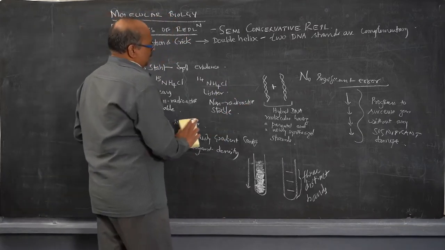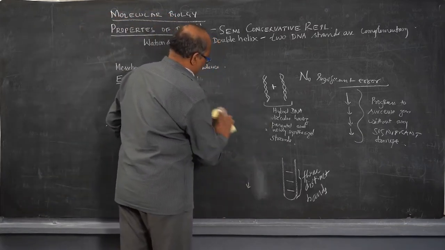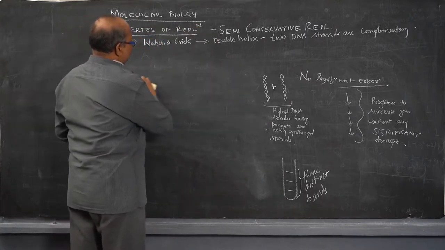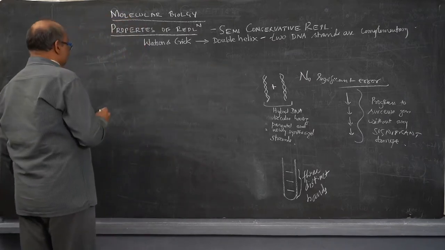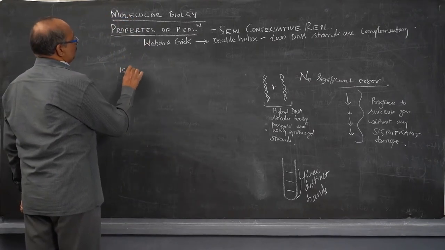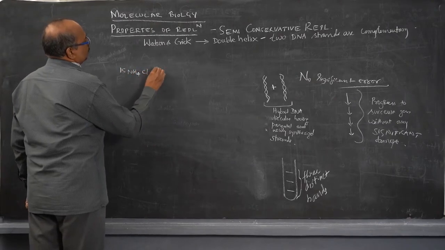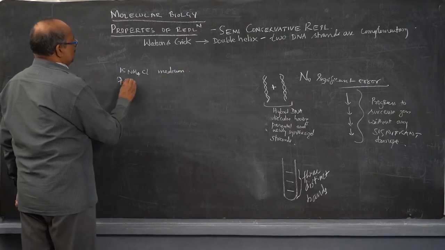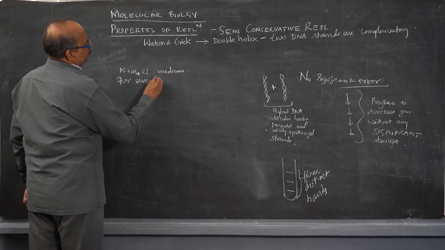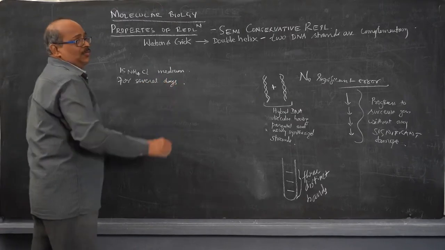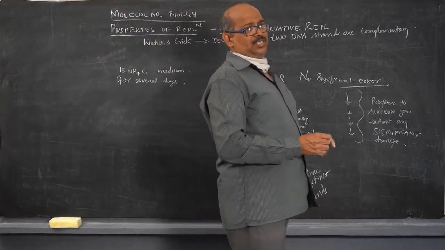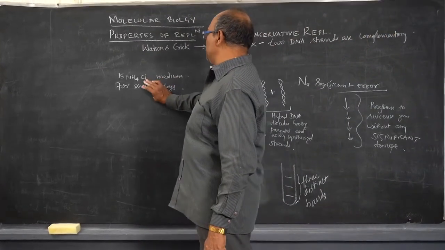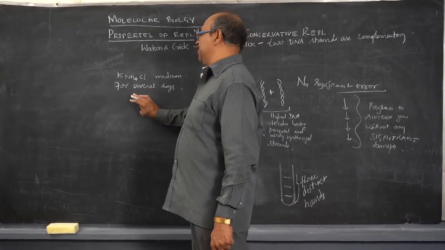So what they have done is, they initially grew the E. coli in N15 medium for several days. So take the E. coli, keep it in a medium where there is only heavy nitrogen as the nitrogen supplier.